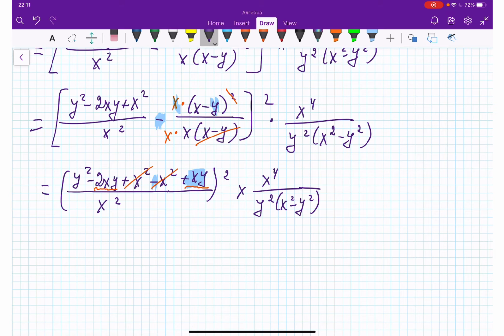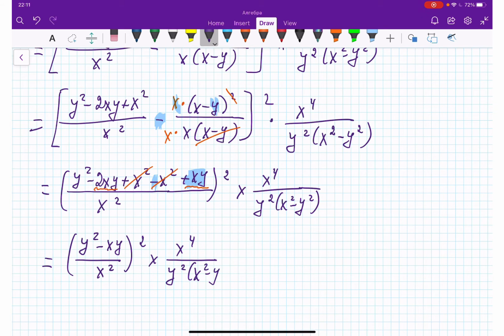As a result, we are going to get (y squared minus xy) over x squared, squared, times x to the 4 over y squared times (x squared minus y squared). Well, if you want, I can put dots here so you won't wonder if it's x or multiplication.